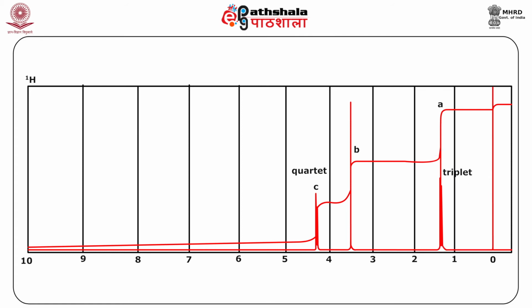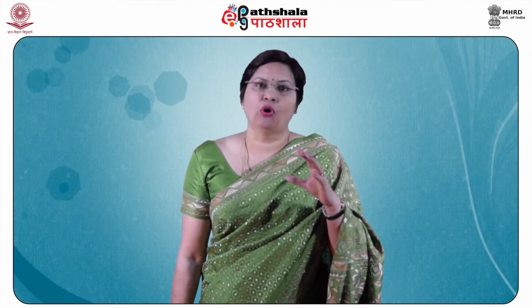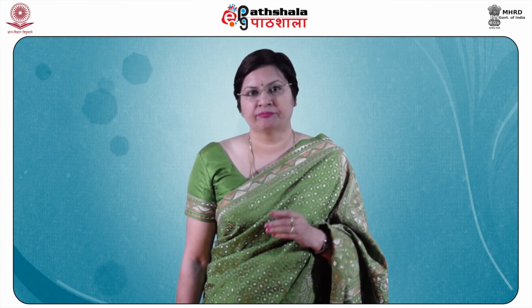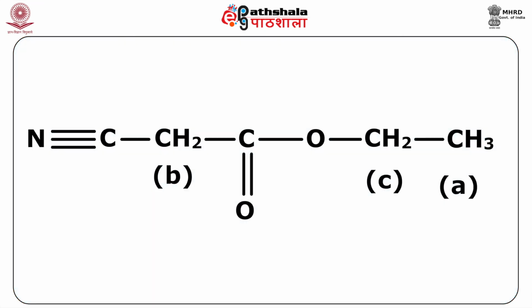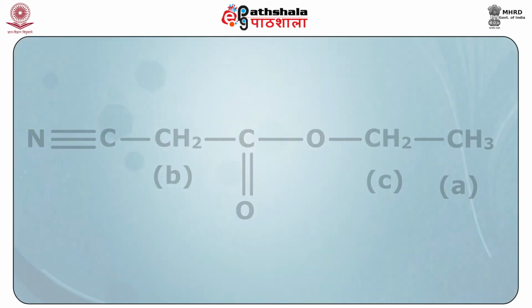The quartet is strongly influenced by the electronegative oxygen atom, which shifts it downfield, and there is a 2 proton singlet at 3.5 ppm, as you can see in this NMR spectra. So, all this information is again confirming that the structure of the compound is as shown here, that is a cyano joined to CH2, then joined to ester, and then CH2, CH3.